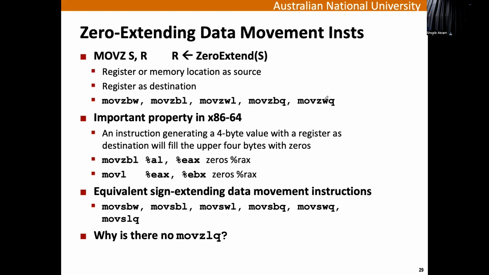What kind of operation does it remind you of in a high-level language like C? What do we call it, when we take a smaller data type? Casting. So whenever the compiler sees a cast, it uses one of these instructions to do the casting.